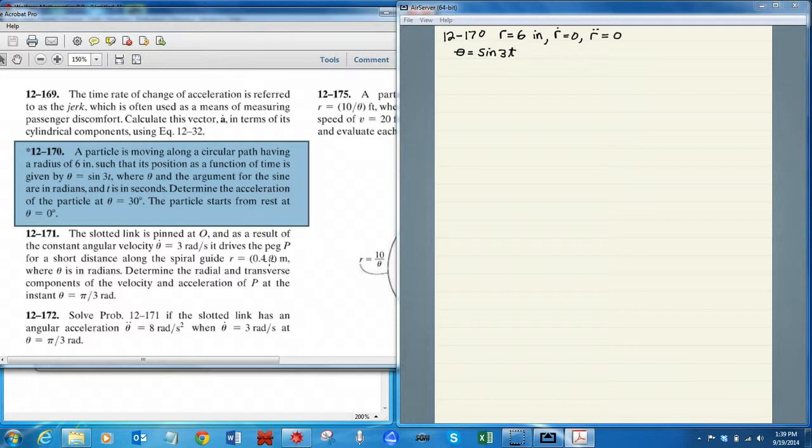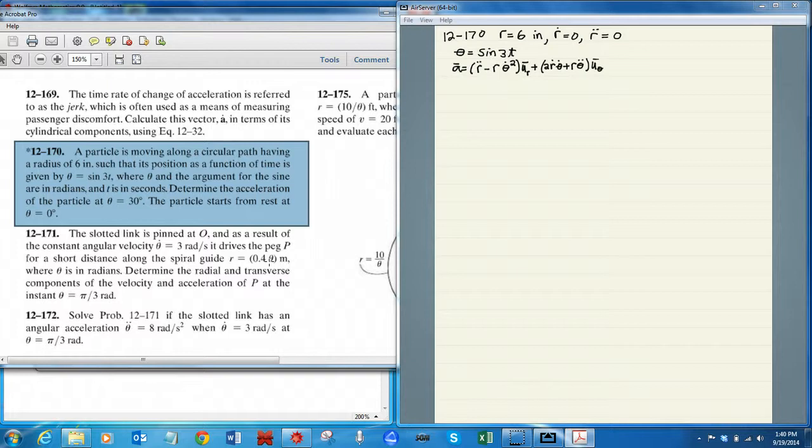Okay, in order to use the formulas, I need to know what the acceleration formula is, so I'm going to write it down here so I know what I'm looking for. The acceleration, using r and theta, is equal to r double dot minus r theta dot squared, and this would be in the radial direction, plus 2 r dot theta dot plus r theta double dot in the transverse direction, or the theta direction.